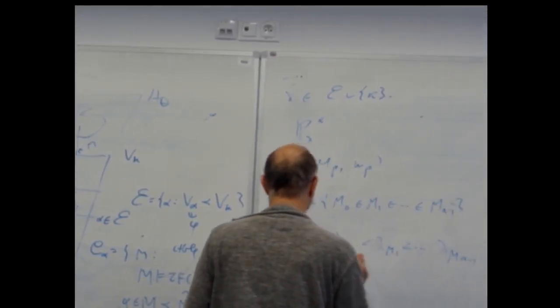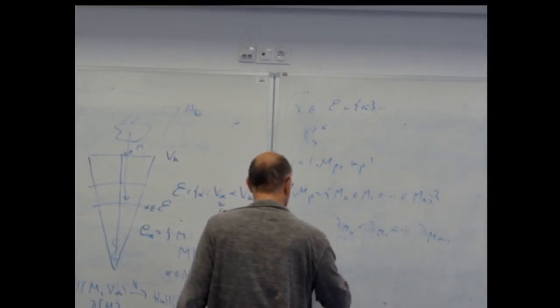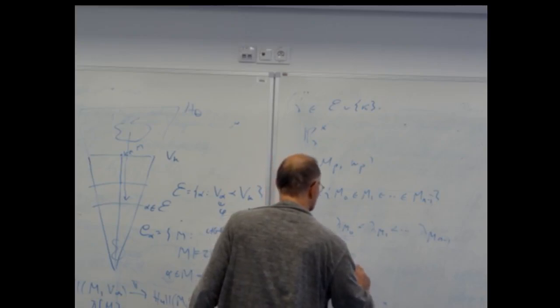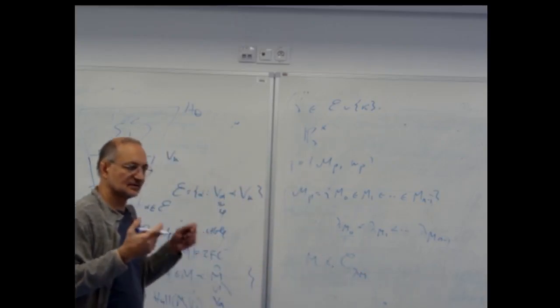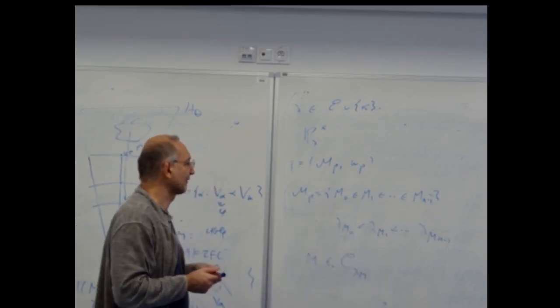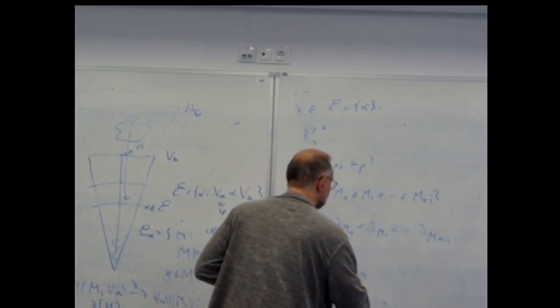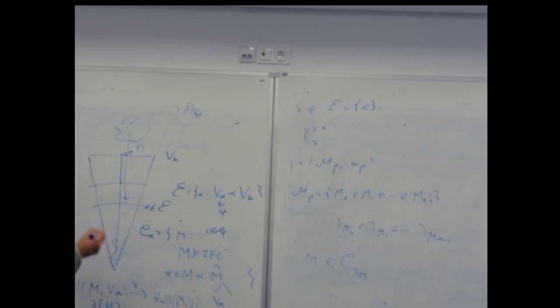Now, what is the lambda of N? It is the level on which we belong. So lambda N is the lambda such that N is in C lambda. But it may belong to several. You are fixing one of the possible choices. No, every N belongs to a unique C lambda. It is the largest element of E which is in N.